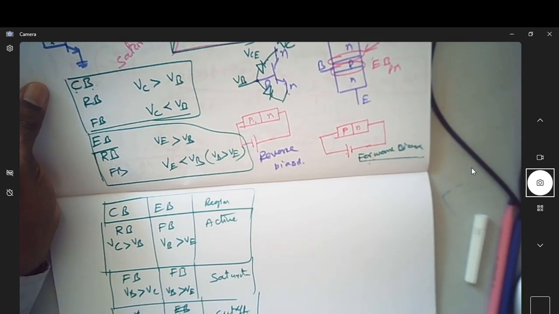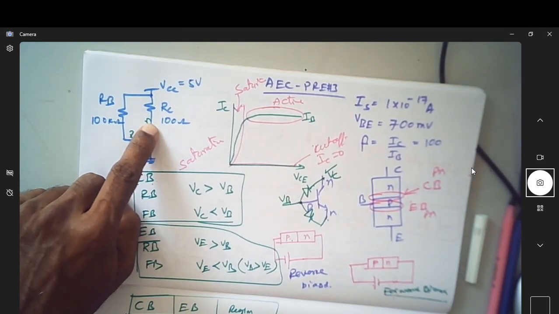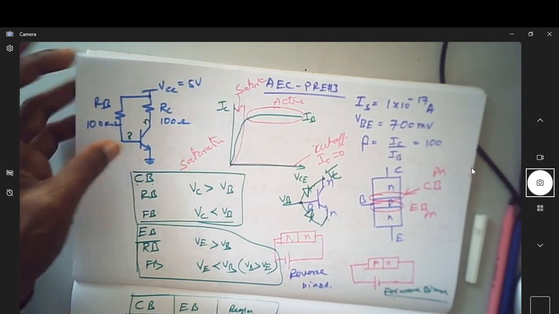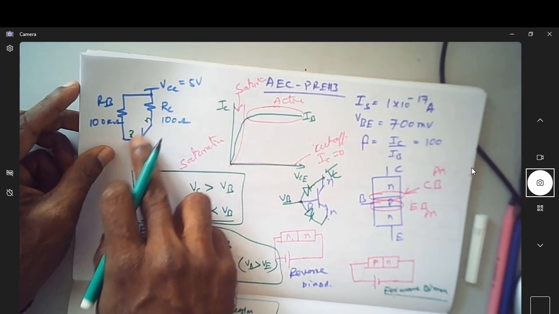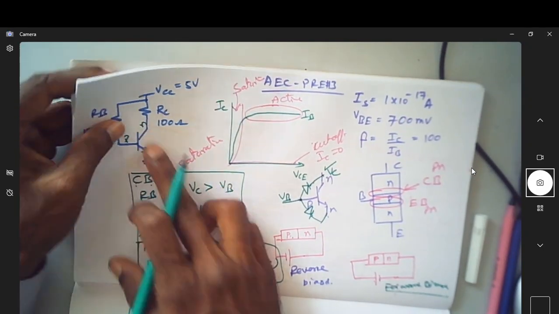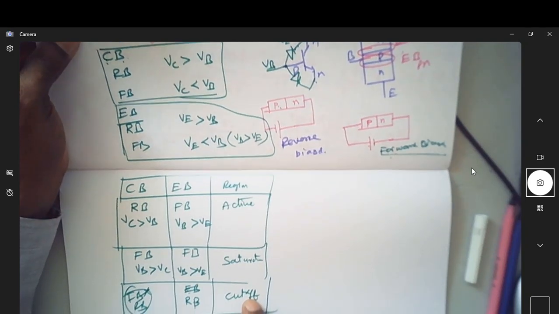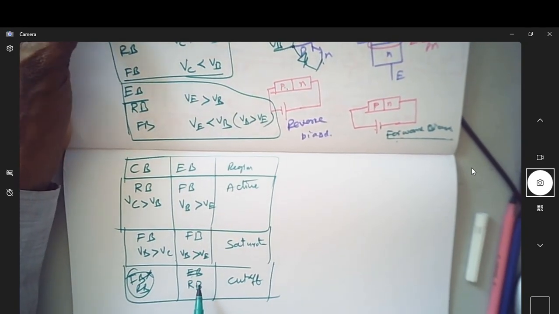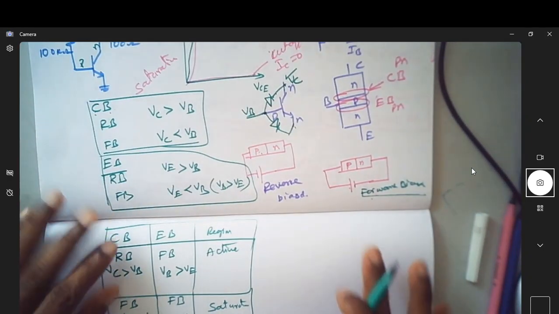That junction doesn't come into the picture at all, since all the voltage, 5 volts, will be available here. So N will always be at a higher potential and always reverse biased. So both will be reverse biased and you will have the cutoff region. Majorly, the emitter-base junction should be reverse biased, then it is cutoff.